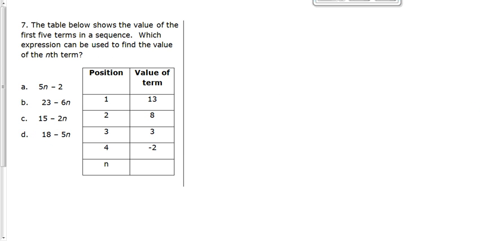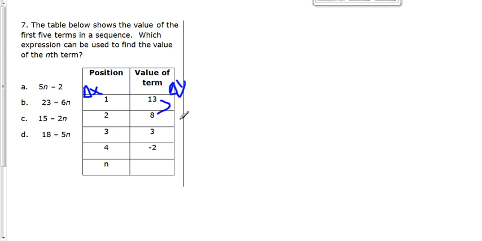Moving on. Number 7. The table below shows the value of each of the first 5 terms in the sequence. Which expression could be used to find the value of the nth term? Well, in this case, we want to do your delta y, delta x again. So our delta y over delta x is going to give us our coefficient. And that's what always helps.